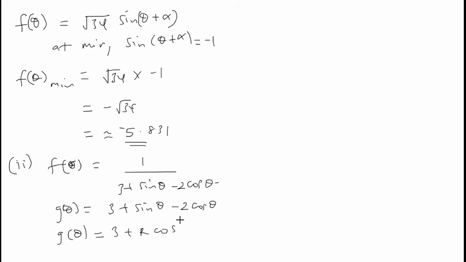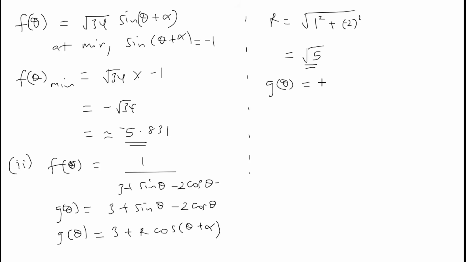Since we have a minus here, probably this was cos(theta plus alpha), where our R equals the square root of 1 squared plus negative 2 squared, and this is equal to the square root of 5. So it means our g(theta) can be rewritten as 3 plus root 5 cos(theta plus alpha).